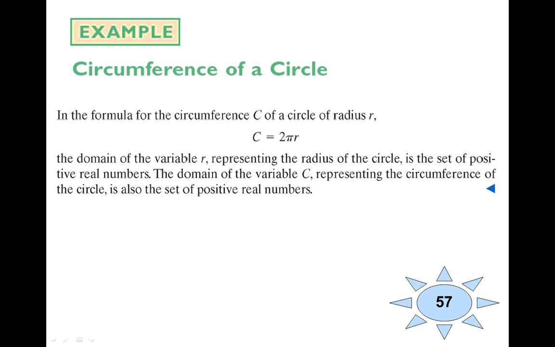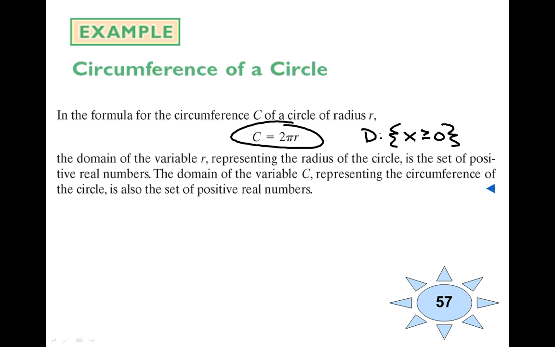All right, let's talk about the circumference of a circle. In the formula for the circumference of a circle with radius r, the domain of the variable r representing the radius is the set of possible positive real numbers. Not negatives because you can't have a negative radius. So we could write the domain of r, r is greater than or equal to 0.